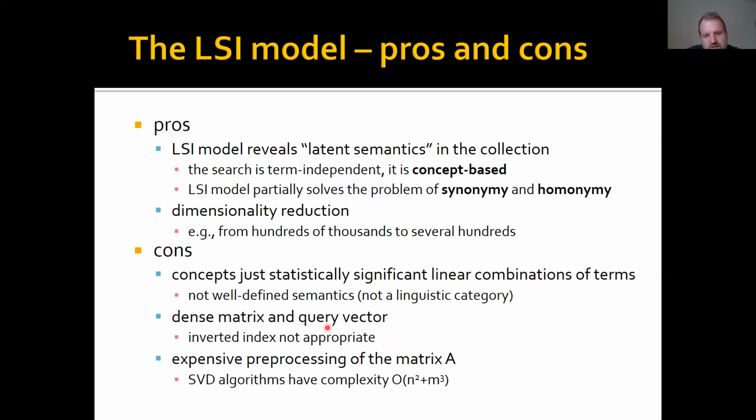Another con is we have the dense matrix and dense query vector, so the inverted index is out. And of course, we also have a very expensive algorithm for the SVD, the singular value decomposition, that is quadratic and cubic in N and M. So this is not a scalable method to do on web scale collections, but it's quite usable on medium or small sized problems.